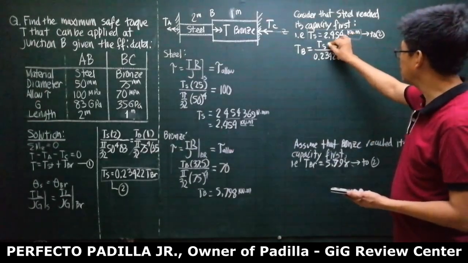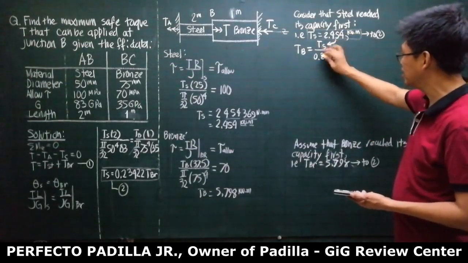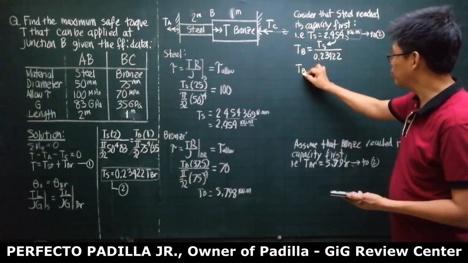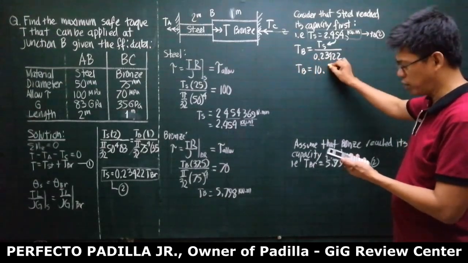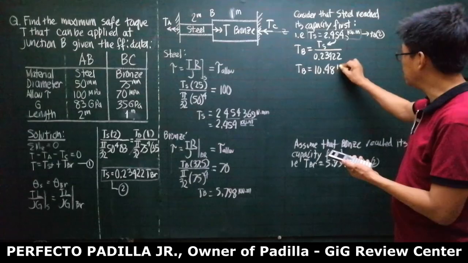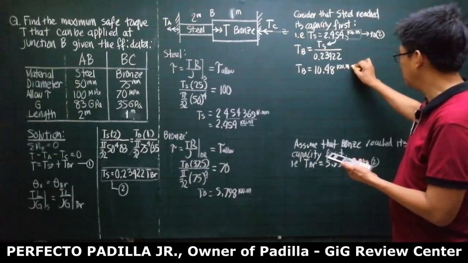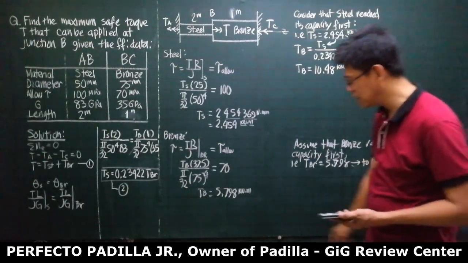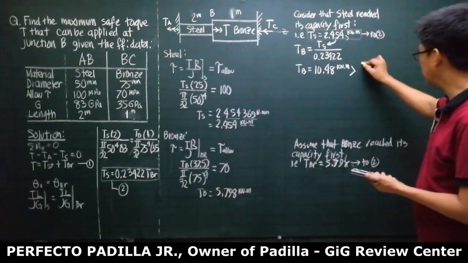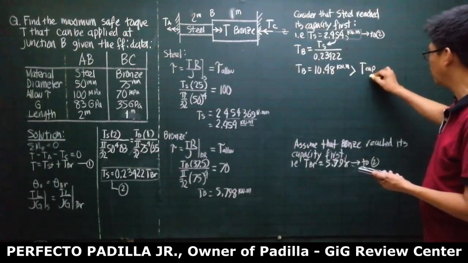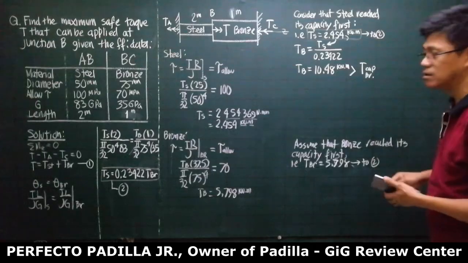So, substituting 2.454 for this, you'll get the T in bronze is equal to 10.48 kilonewton meter. But this value is greater than the T capacity of bronze.